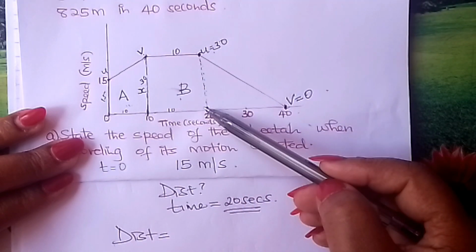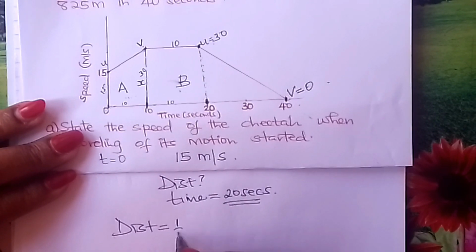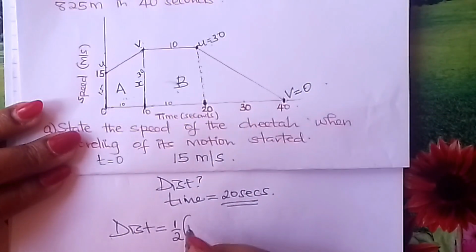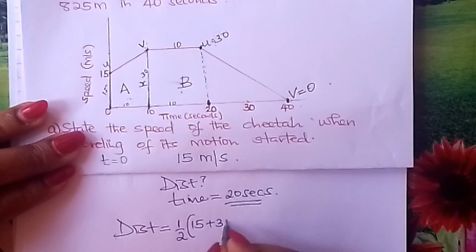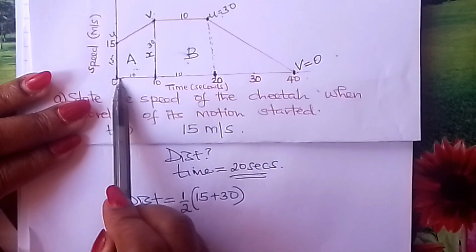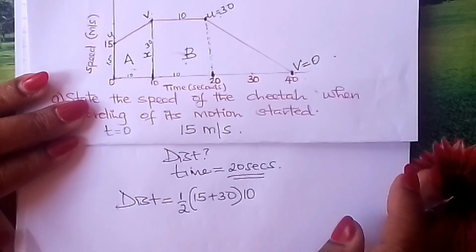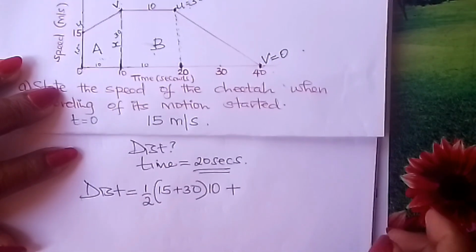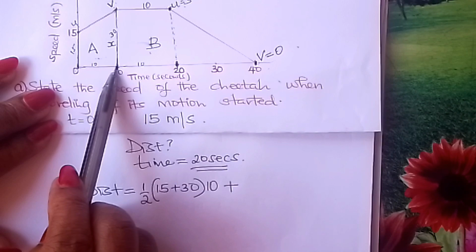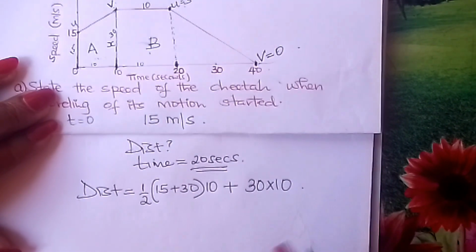So our distance will be equal to the area of the trapezium, which is a half times 15 plus 30, times what, learner? Times 10. The perpendicular height is 10. Plus the area of our rectangle, which is 30 by 10.